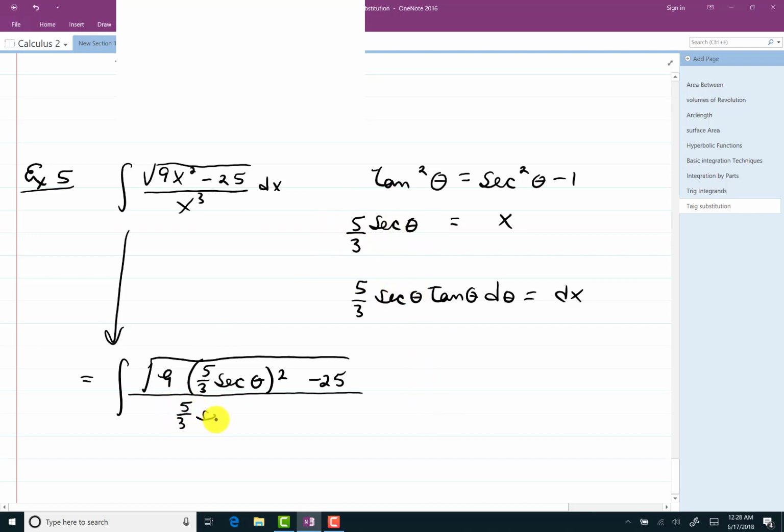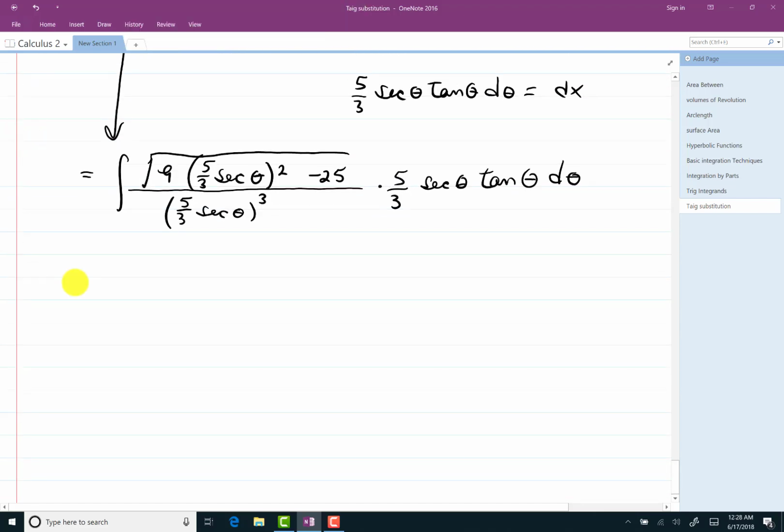5/3 secant theta cubed. And then what did I have at the end? dx was this stuff. Alrighty. That doesn't look like I'm going to get much on each. I'll just go line to line here and see what happens. Let me go ahead and square these. I'll do this in somewhat step-by-step detail.